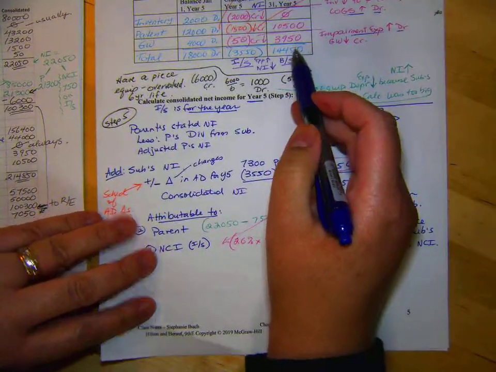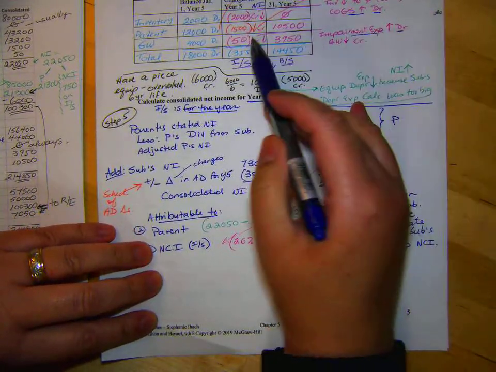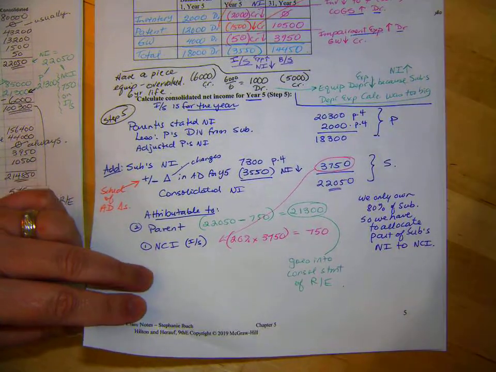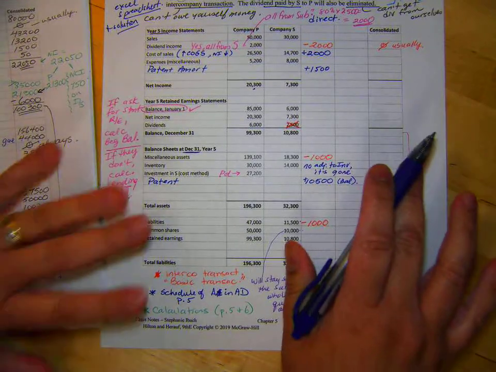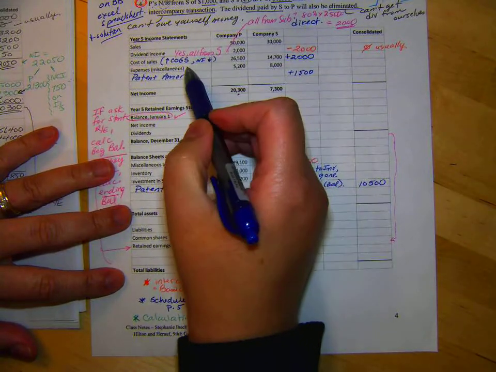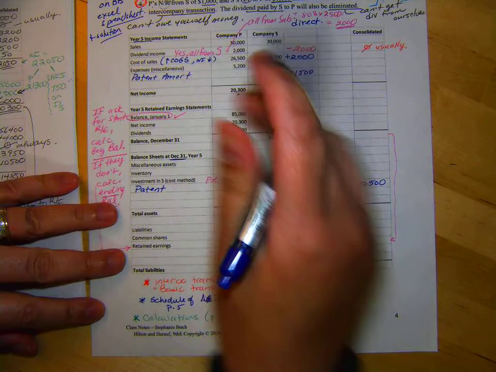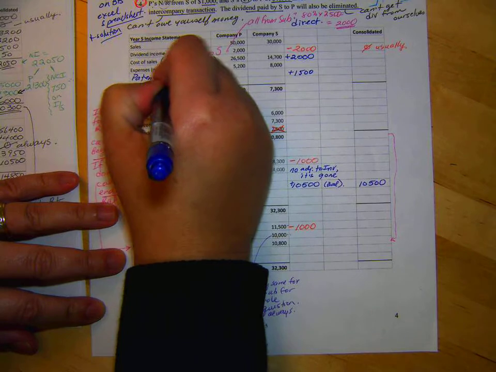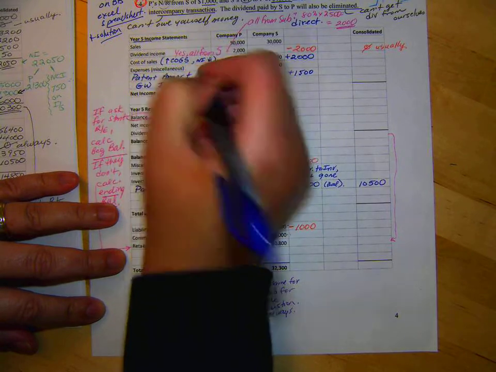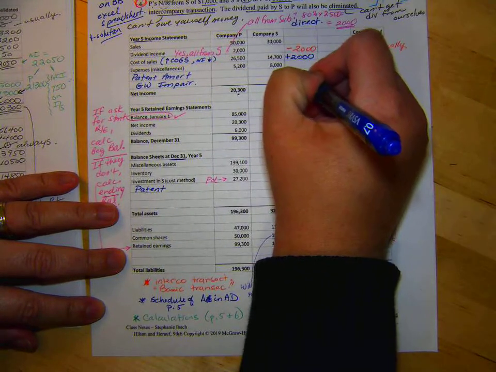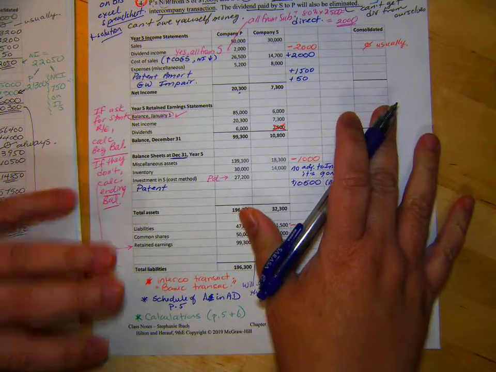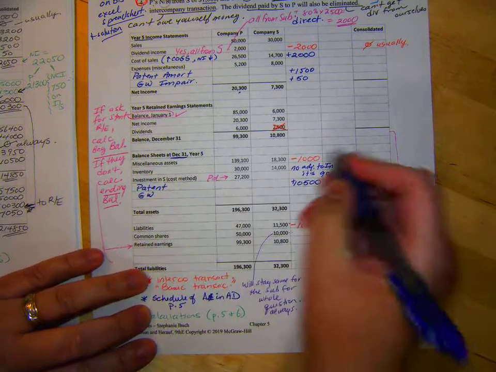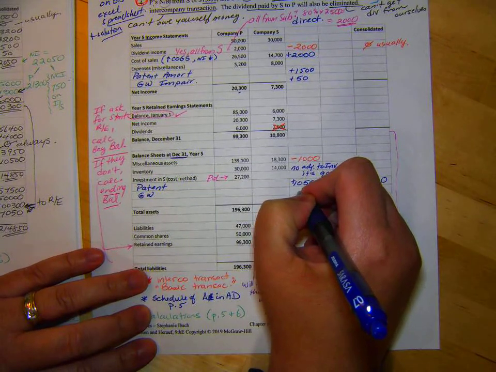Now we need goodwill. We need an impairment expense of $50, and we need the goodwill balance of $39.50. So again, impairment expense could go into miscellaneous expenses, but you don't have to. I'm going to put a separate line called goodwill impairment, and it's going to be $50. And then down here I have to put goodwill, and it has to be $39.50.